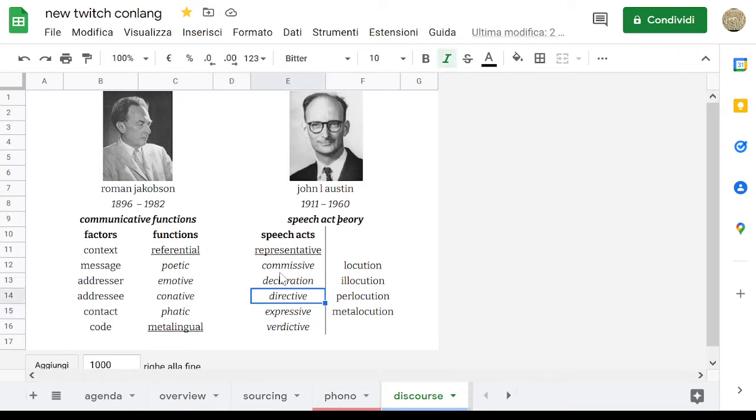But often eulogies also have some representative value in sort of just giving information about the person. This person lived from this time to this time, and they did this in their life. This is how many family members they had. Eulogies often include that kind of information too. So there would be sort of a mix of representative and expressive there.